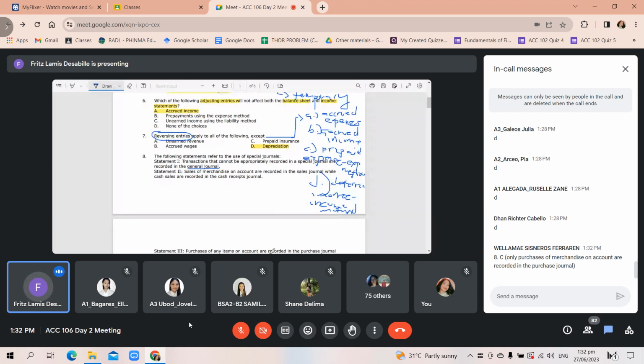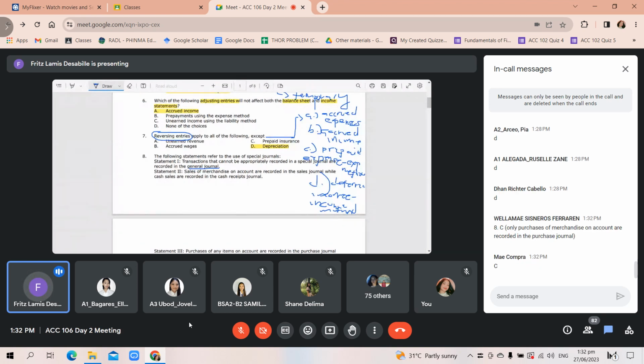Okay. So again, ako na lang ibutang. Please na lang note. So sales journals, you only ang recording lang nimo sa sales journal kay only sales of merchandise on credit. Again, please take note. Sales journal is only for sales of merchandise on credit. Now, cash receipts journal, ara nimo ginabutang tanang cash receipts nimo, including sales of merchandise in cash.